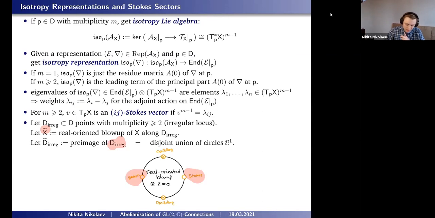Maybe another thing to say, from the point of view of connections and more specifically differential equations, you could try to look at solutions to your differential equation and how they behave as I parallel transport them into the pole.